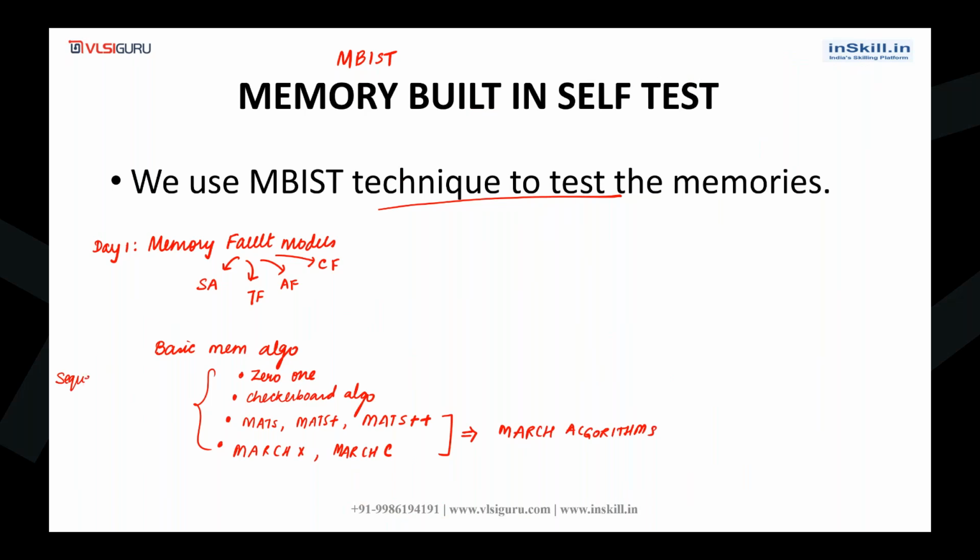We'll also try to understand which algorithm will be able to cover which faults in memories, and how it is able to cover them. So all those things we'll try to understand.